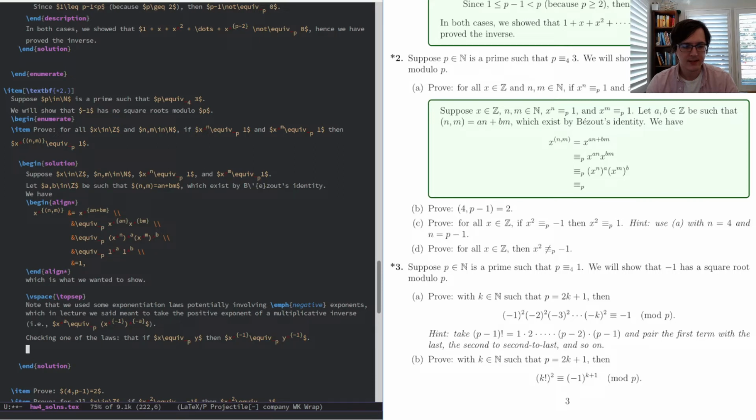So what we need to see is, well, y inverse x is equivalent to x inverse x by a multiplication law, which is equivalent to 1 by the inverse law, the definition.